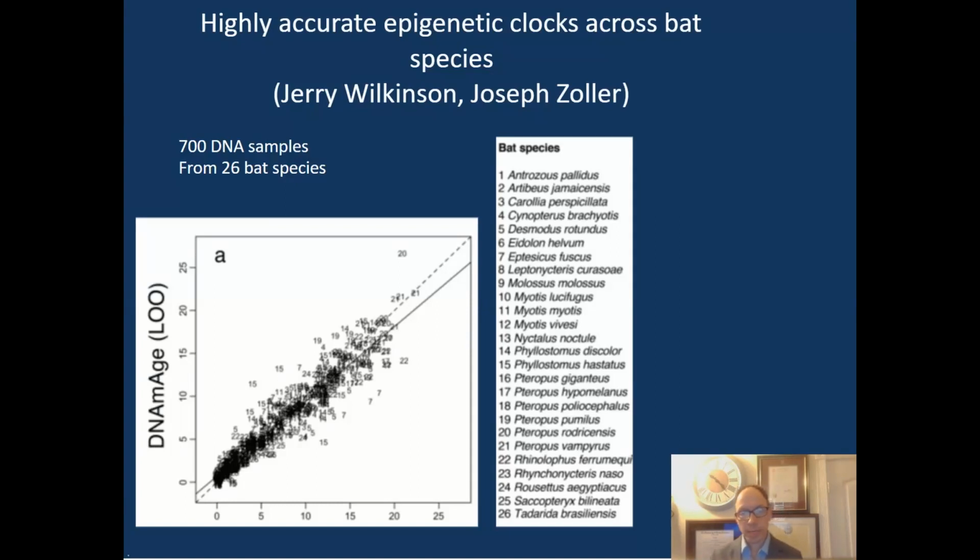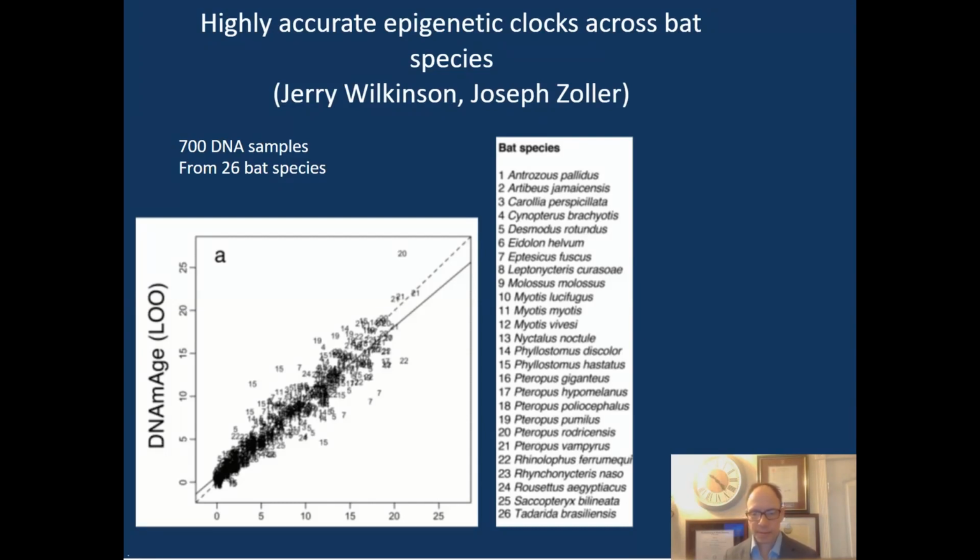And we had wing punches from these bats, tiny amounts. And in the panel, I show you the Latin names of 26 different bat species. It turns out there are over 1,000 different bat species, but at least these 26 bat species are representative, of course, of many of them.